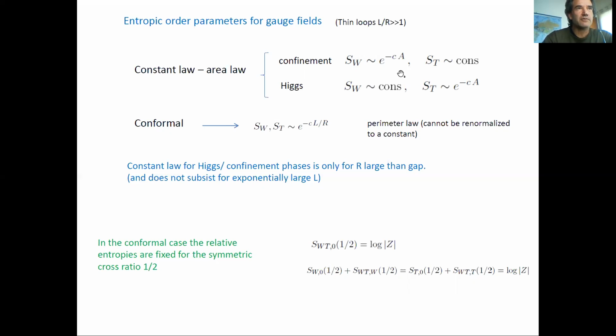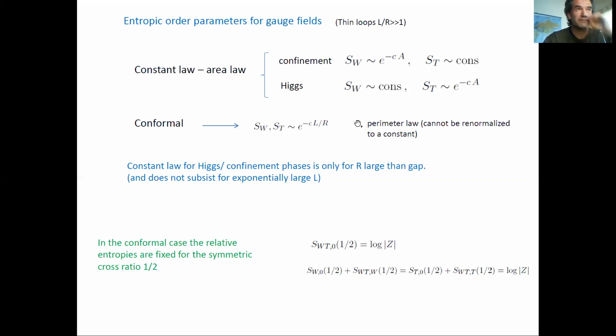So here we have a kind of digression with respect to the literature, because in the literature, people have also thought that if you have a perimeter law, because your expectation value goes like a perimeter, you can somehow renormalize your operator in such a way that it goes like a constant. But we can see here that this cannot be done arbitrarily in our case, because we want our operators to satisfy group laws.